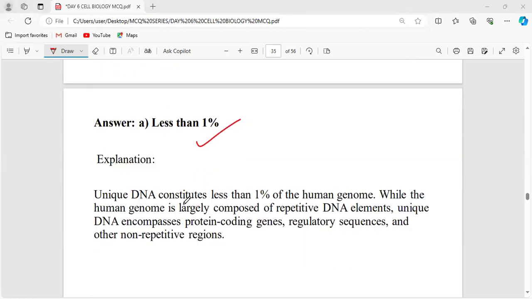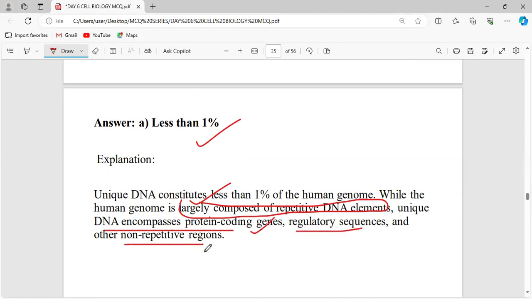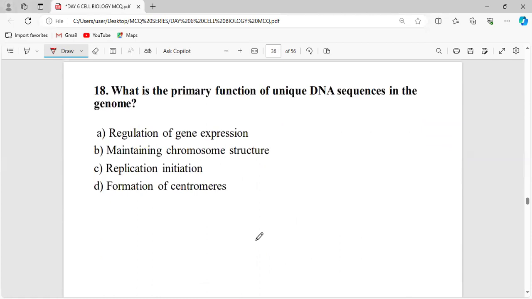Okay, while the human genome is largely composed of repeated DNA elements. Unique DNA encompasses protein coding genes, regulatory genes, and other non-repetitive genes, everything comes under unique DNA, and that comprises less than 1%. And what is the primary function of unique DNA sequences in the genome?